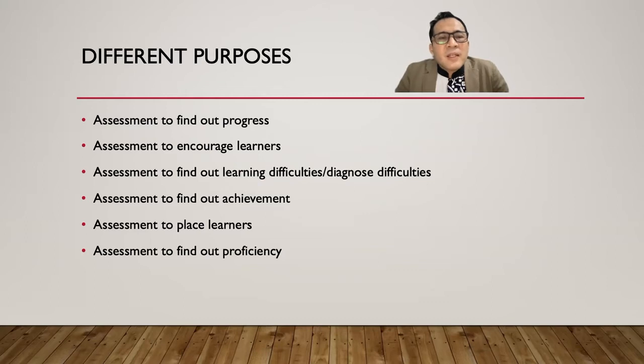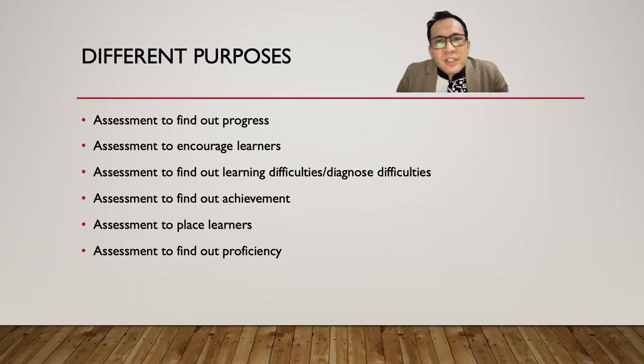And the next is assessment to find out proficiency. It is a little bit the same, but slightly different from achievement. Proficiency means something like a certain task or specific aspects of a field, like for example, reading.